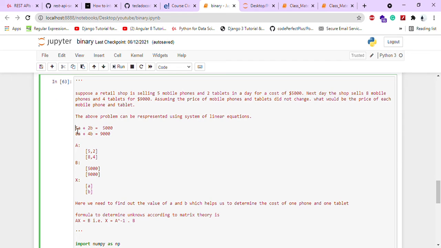So now I used a two-dimensional array with rows and columns. 5 comma 2, 8 comma 4, these are the rows and columns. Now I have only one row, one column. This is a one-dimensional array, that is 5000 and 9000. You can see in the question that 5000 is a constant and 9000 is a constant. I took these from the question itself.